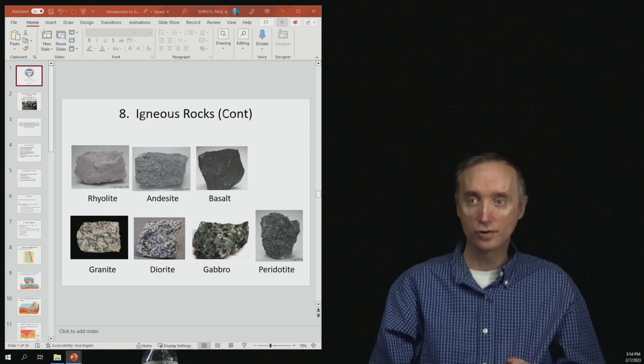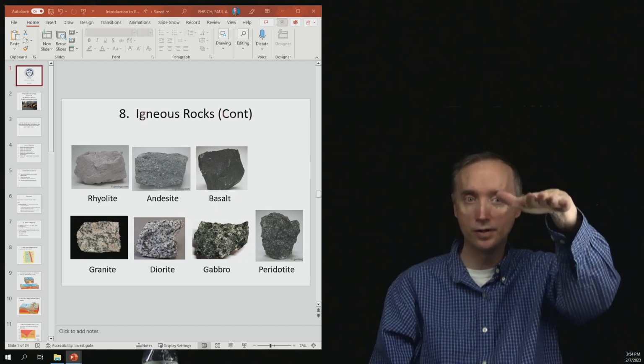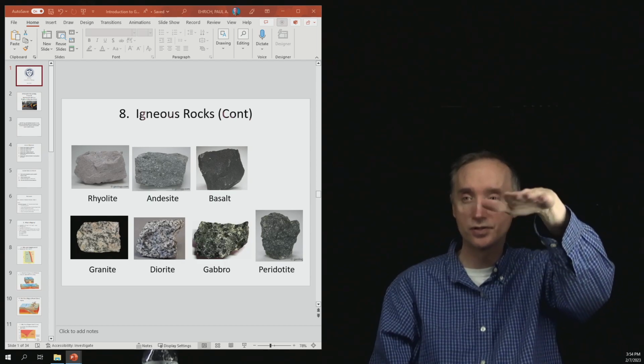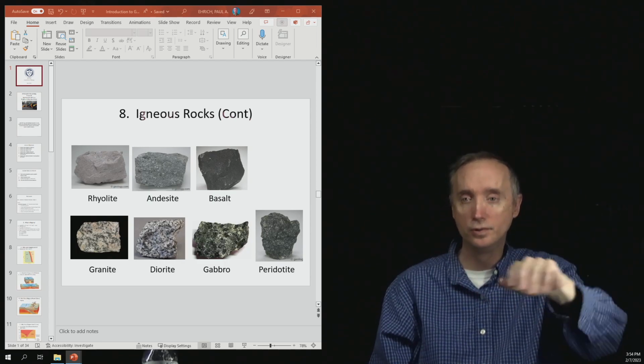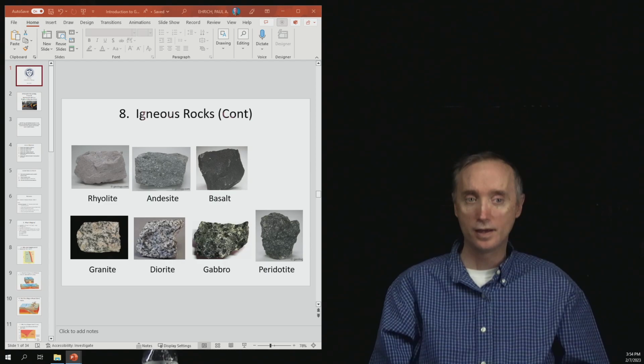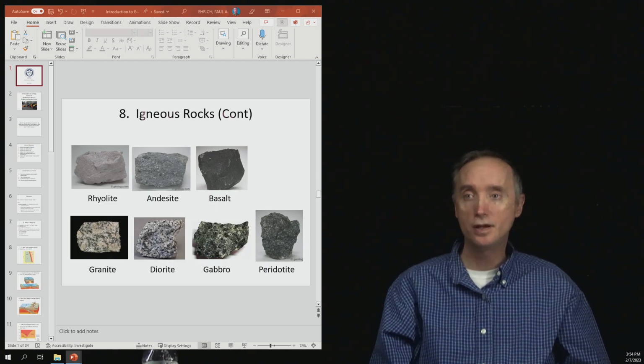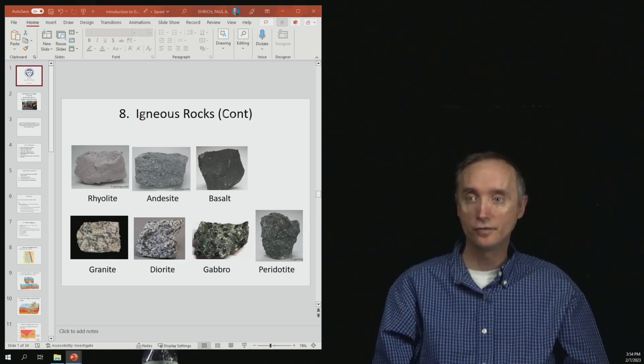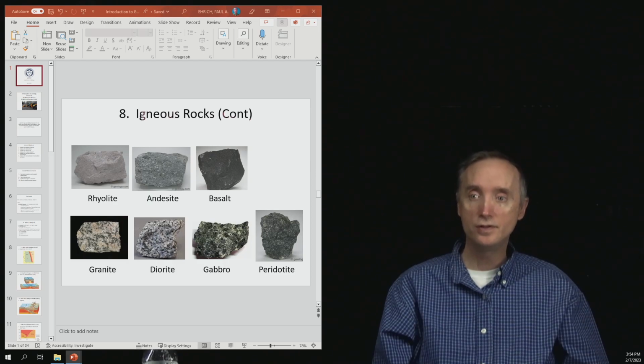So that ocean crust was composed of basalt on the top, and then gabbro underneath. And that's the reason why, because the basalt cooled off quickly because it was near the surface, and the gabbro cooled off very slowly. And notice that you can see crystals in the gabbro.